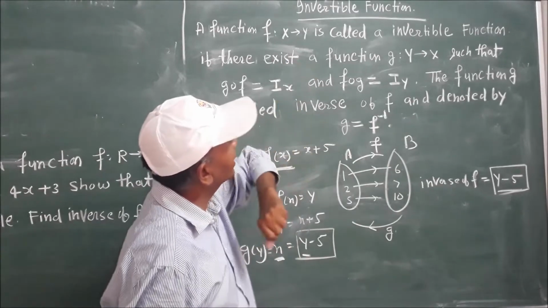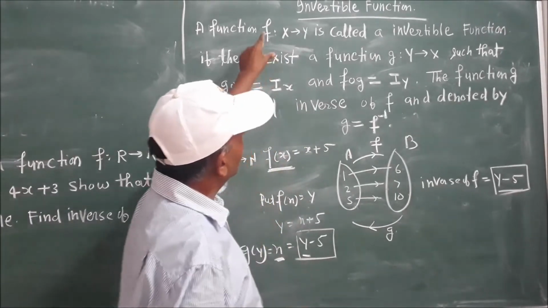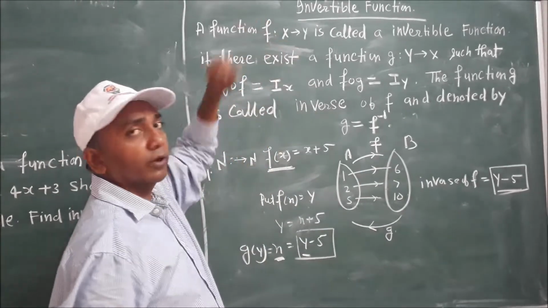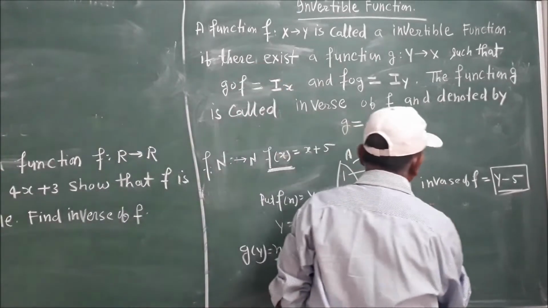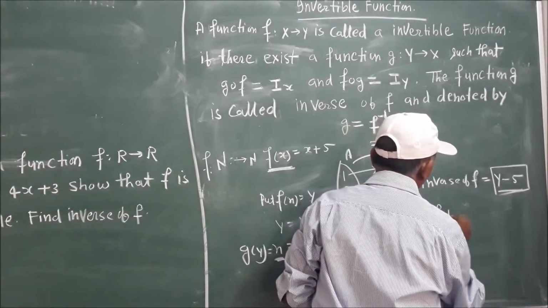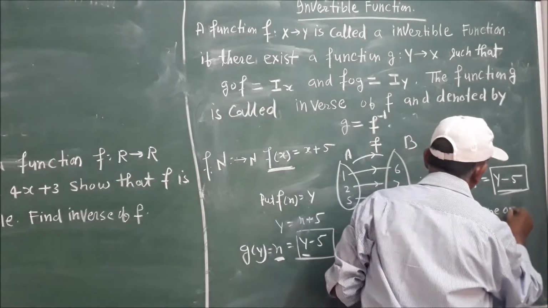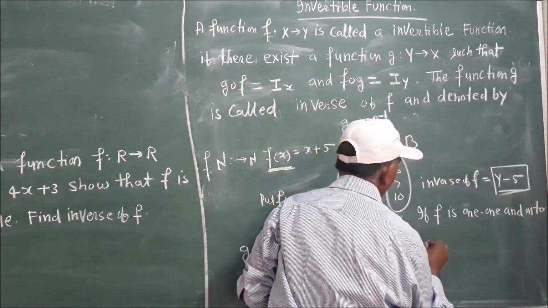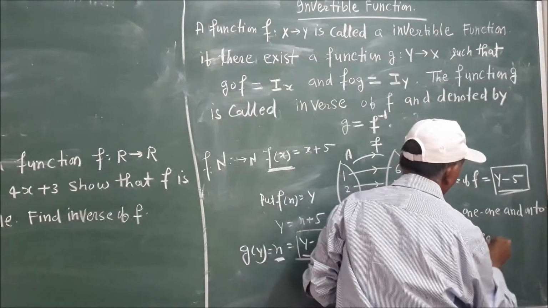There is also another definition of invertible function. What is the other definition? If a function is one-one and onto, that is called an invertible function.